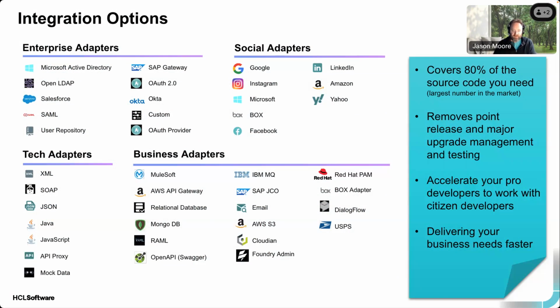And then business adapters: Amazon, IBM, SAP, Red Hat. All of these capabilities are going to help you go faster. We found through our research that it covers 80% of the source code that you're going to need.